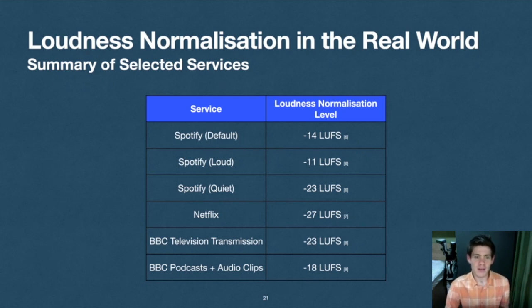For example, for Netflix, instead of aiming for minus 14 LUFS, we would aim for minus 27 LUFS. So the amount that we're raising or lowering the volume by would change. For BBC television transmission, it'd be minus 23 LUFS instead. So that same process can be applied to many different services.